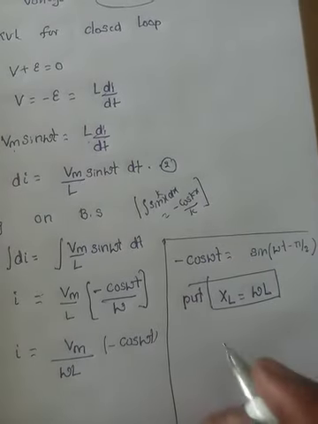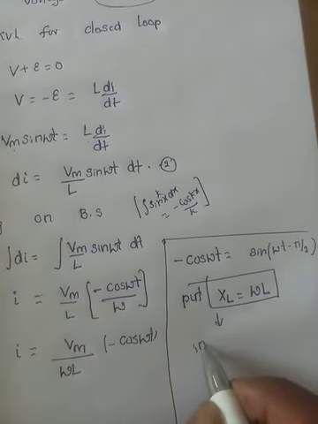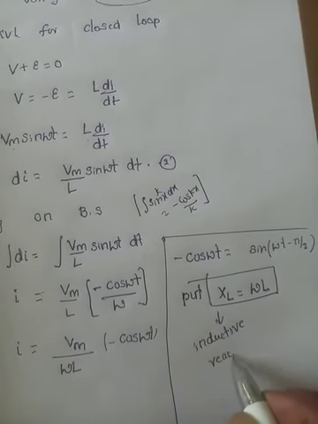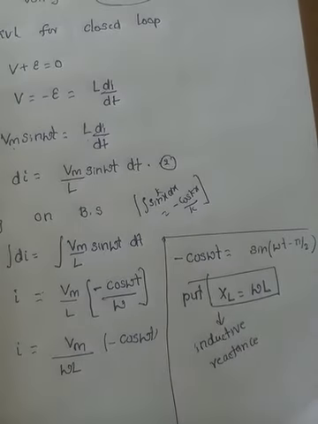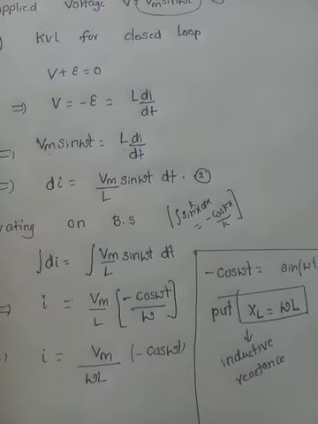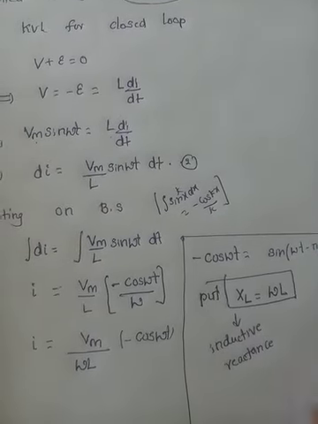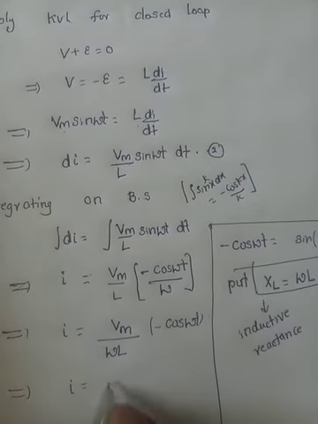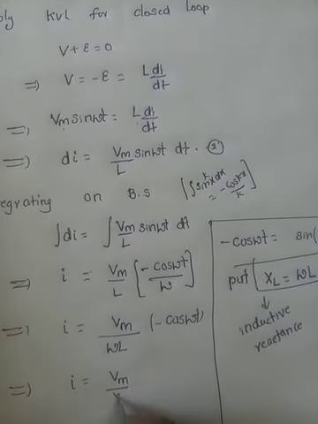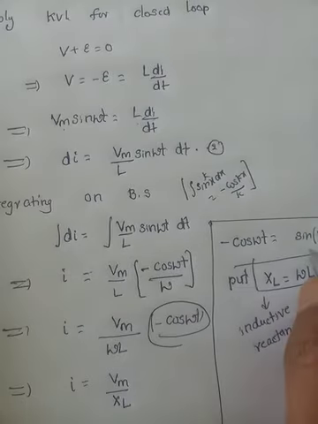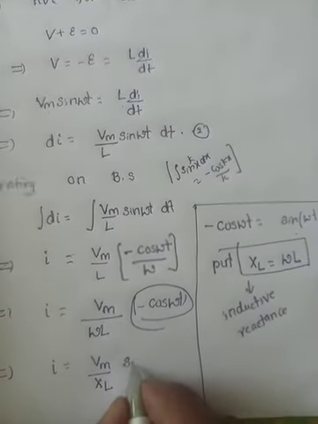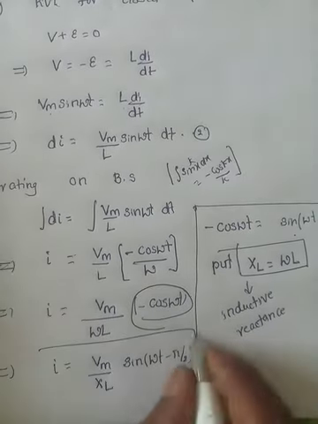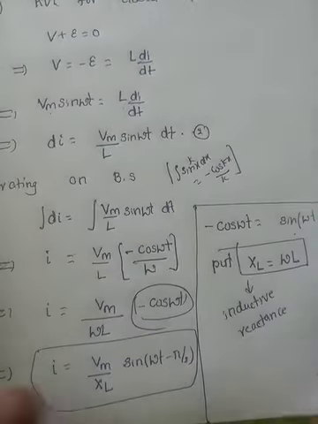This is called inductive reactance. XL is called inductive reactance, and I will explain what that is. So I equals Vm by XL, and minus cos omega t can be written as sine of omega t minus pi by 2. So we got this equation.